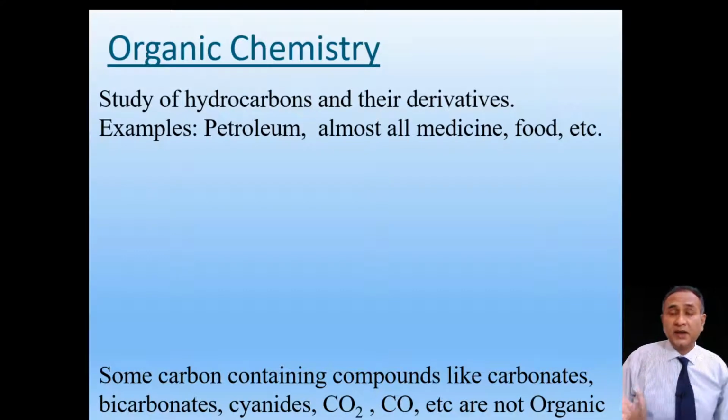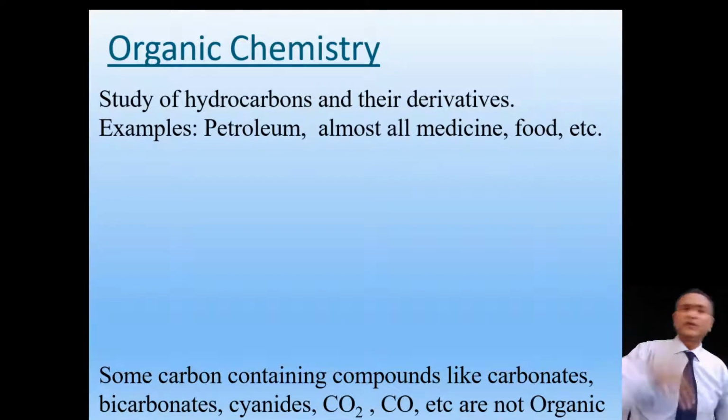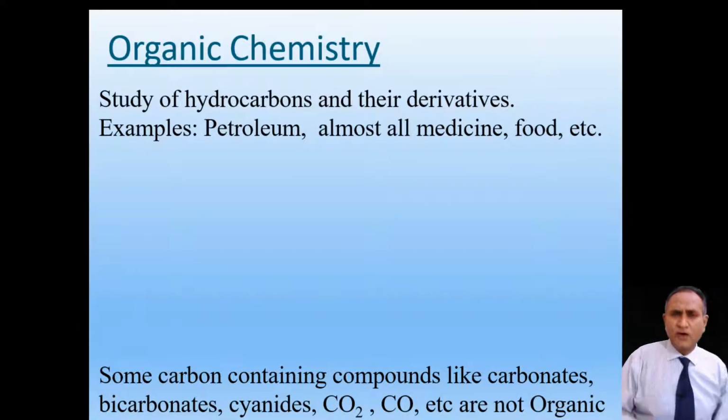Why? Because in such compounds, carbon is not linked with hydrogen, or you can say the properties of such compounds are different from those 9 million compounds which are included in organic chemistry. That is why they are not supposed to be part of organic chemistry or organic compounds.